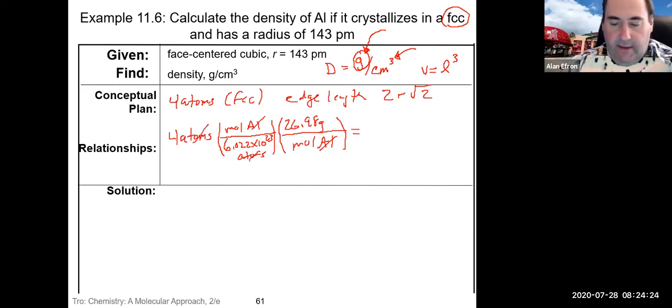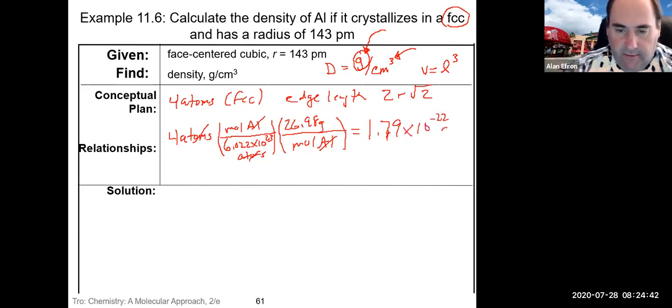And if we do that, we end up with 4 times 26.98 divided by Avogadro's number, which gives us 1.79 times 10 to the minus 22 grams. So this calculation, when you're doing these density problems, is not too bad. It's essentially a basic calculation like we've done before, and we now have the grams part.